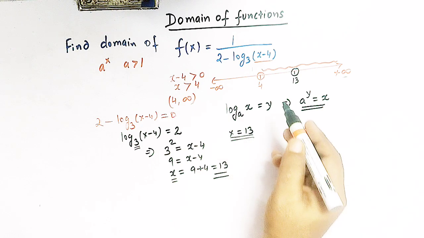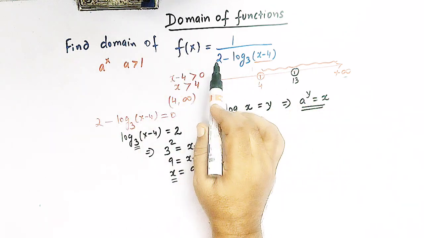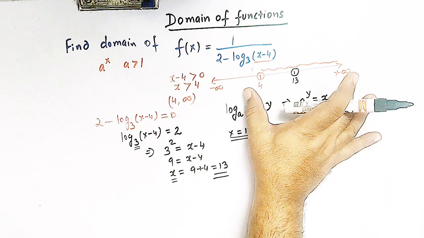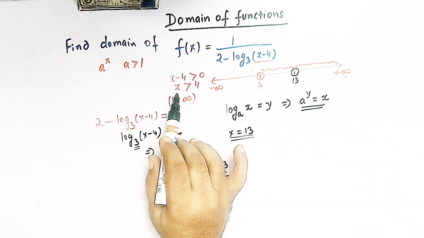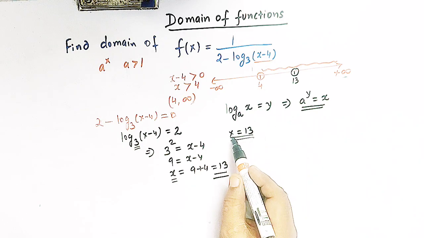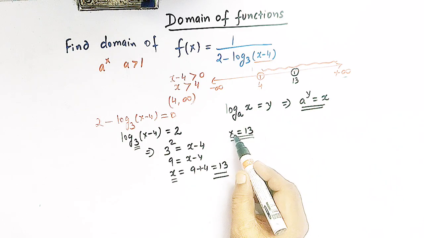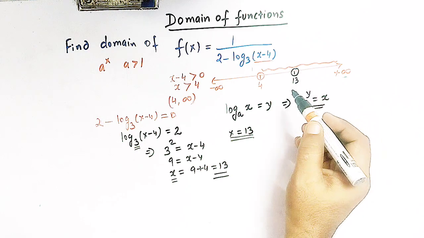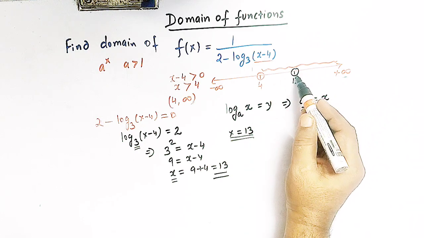Now we can easily write the domain of this function f of x from this representation. From here we have x greater than 4, with 4 not included, and x equal to 13 should also be discarded.